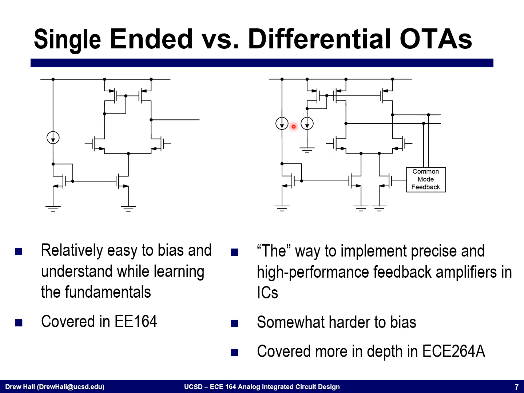We have to match these two currents. For example, if this had 100 microamps, you need to make sure that 100 microamps is evenly divided between these two branches. So each of these should sink 50 microamps, or source 50 microamps rather.